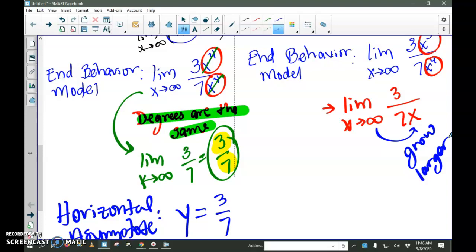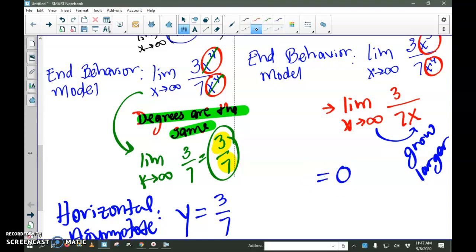Then my numbers overall in the denominator are going to get really large. And if I take 3 and I divide by 700,000, or 3 divided by 700 million, okay, I'm going to be getting close to 0. This is going to be equal to 0.